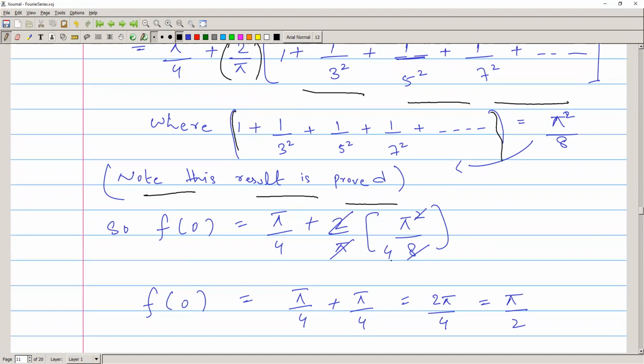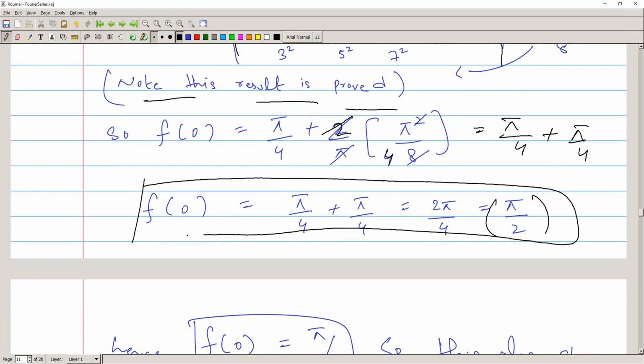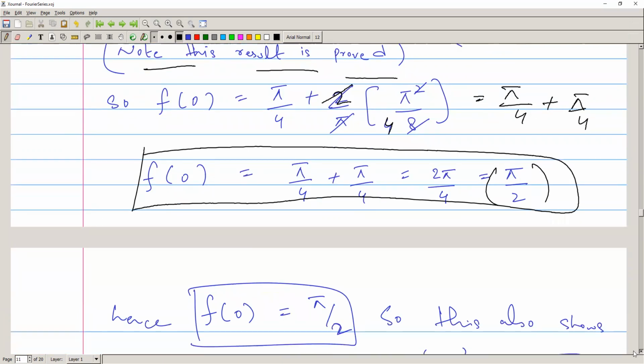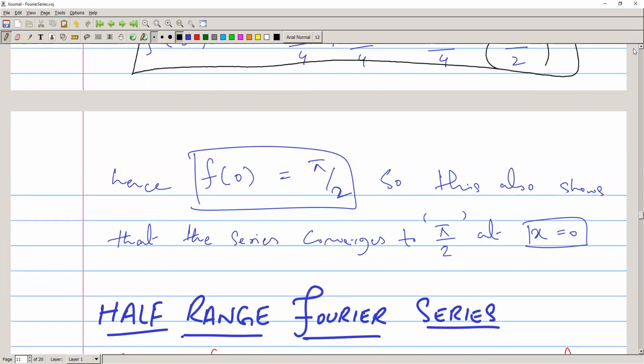The 2 will be cancelled with this 8, 2 fours are 8, and pi is cancelled with pi, so we are left with pi over 4 plus pi over 4, and now we get pi over 2, right? So f of 0 is equal to pi over 2. That's what we needed to check here, the convergence of Fourier series, and you see that the Fourier series converges to pi over 2 at x equals 0.